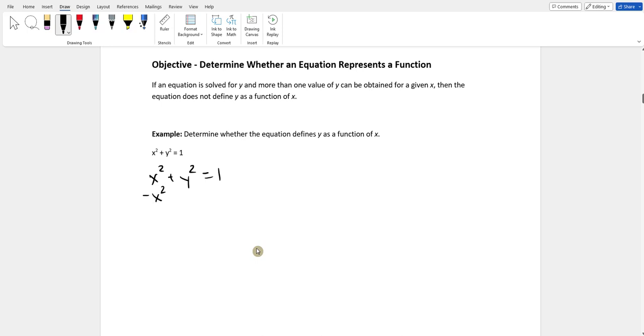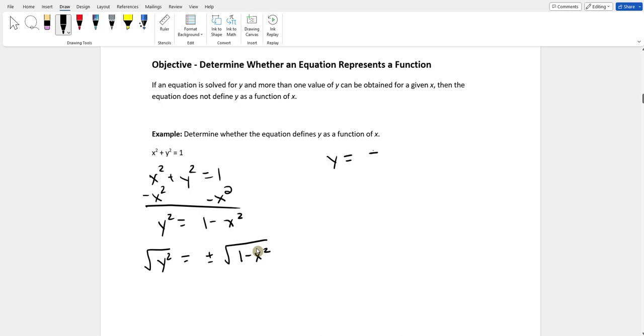I'm going to subtract x squared from both sides. I get y squared is equal to 1 minus x squared. To get y by itself, I need to take the square root of both sides. When I take the square root of the right side, I have to put my plus or minus sign in front of the square root. So I end up with y is equal to plus or minus the square root of 1 minus x squared.